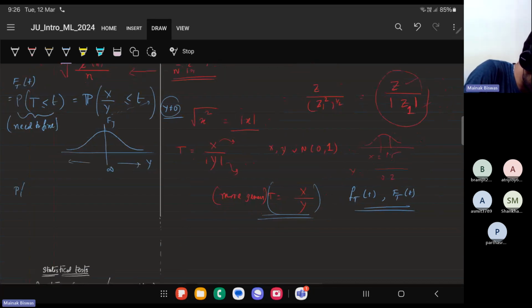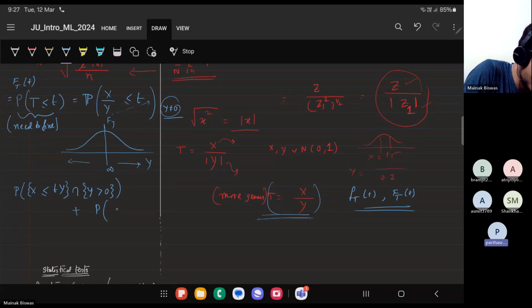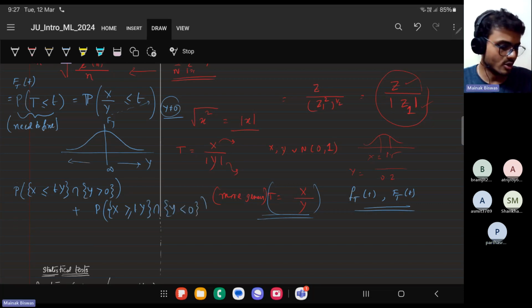That is, the probability of X less than or equal to tY intersection Y greater than 0, plus the probability of, what will it be, X greater than or equal to tY intersection Y less than 0. Good.